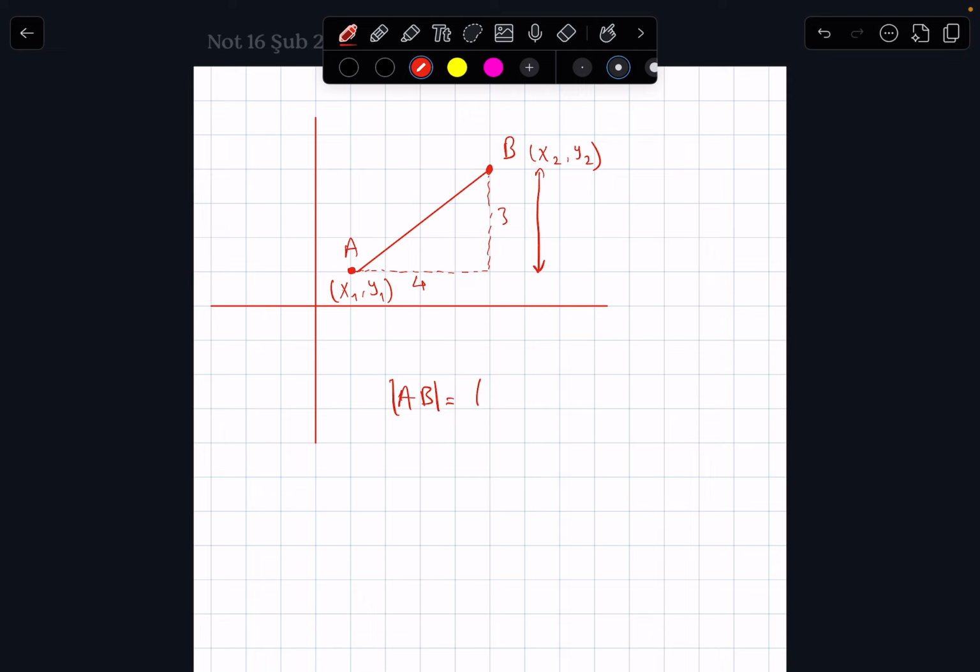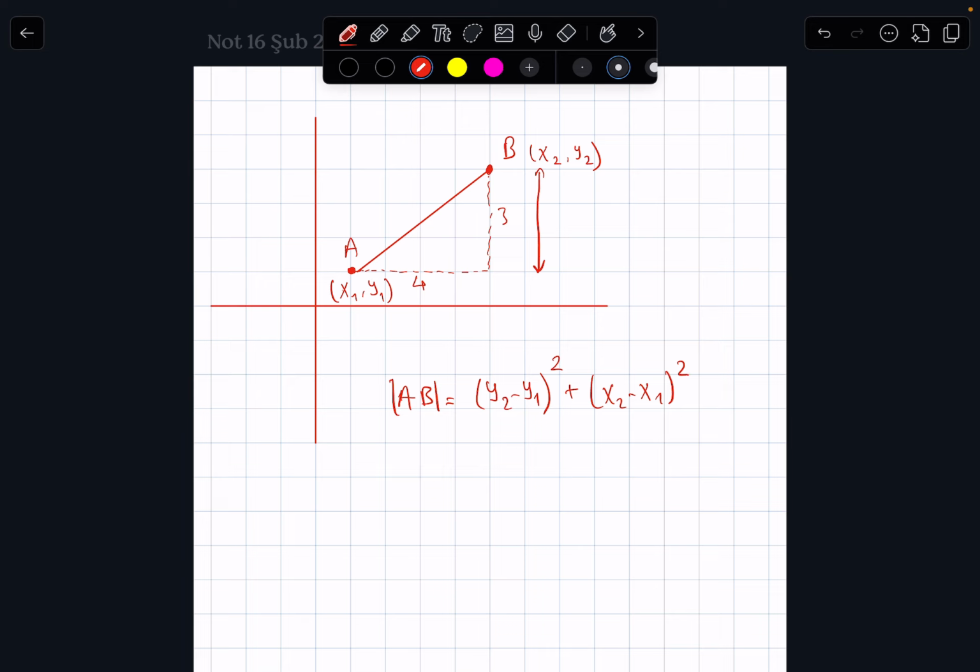So it's going to be y2 minus y1, basically, okay? And then square, plus x2 minus x1 square. So let's give it a go in here.